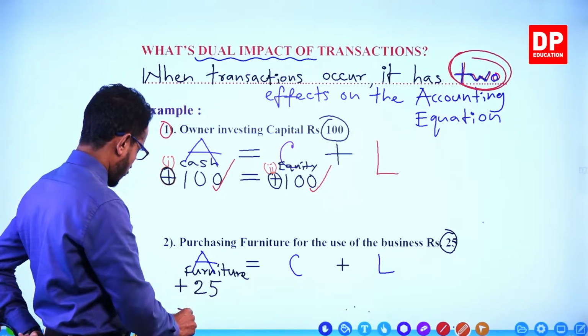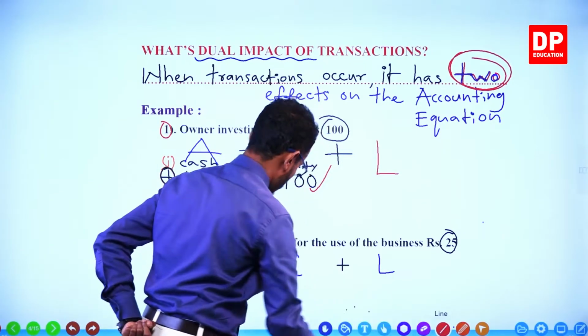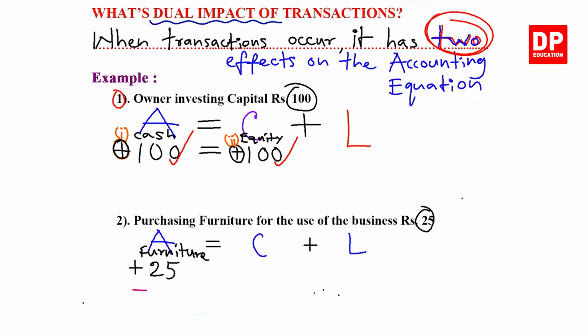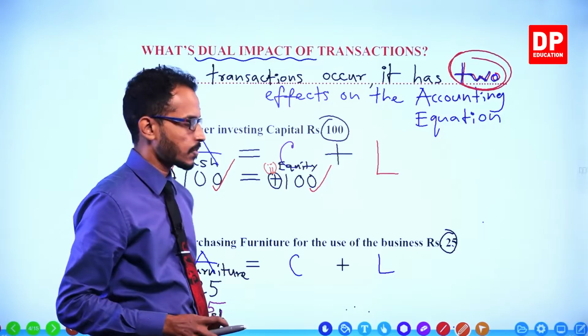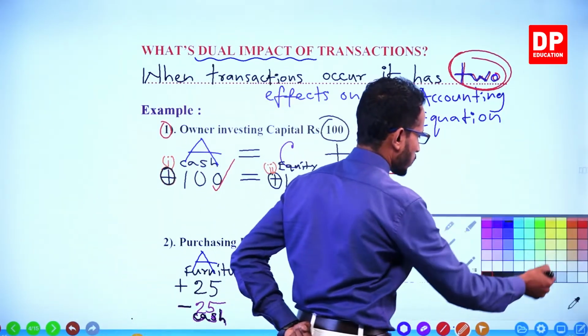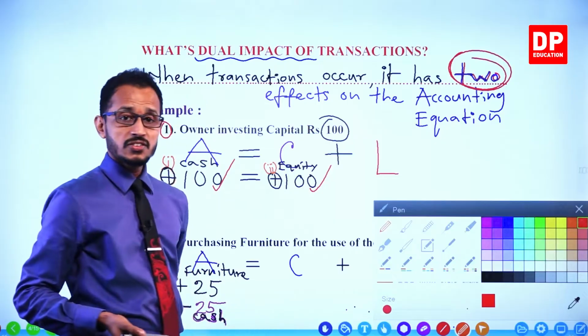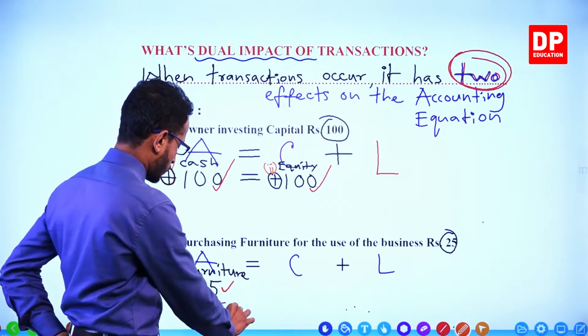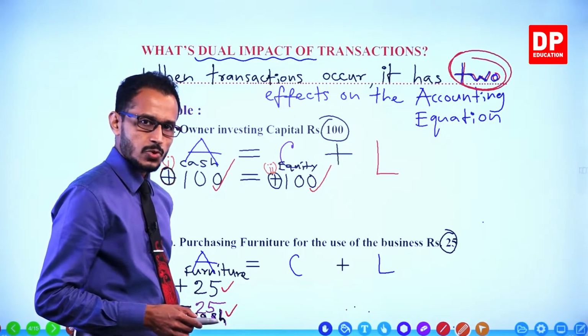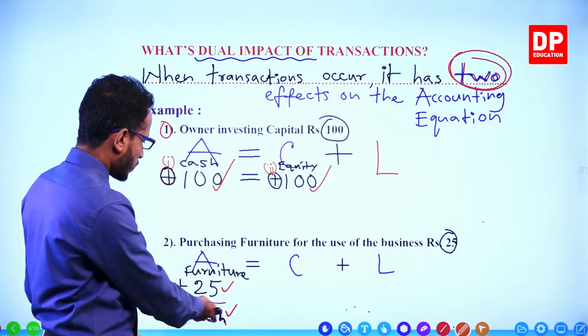Very good. Minus or decreasing 25, and that is what? Cash. Minus. All right. How many entries did we record? Yes, 1 and 2. The dual impact is recorded. The double entry is done.